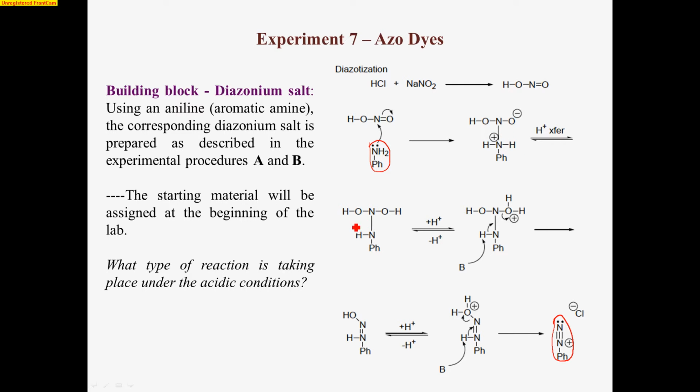And I'm not going to go through all the mechanistic steps of how we get to the diazotized molecule at that point. But really the key is that we want to get to this diazotized aromatic molecule that's derived from this organic aniline. So that's really the key that you need to keep in mind here.